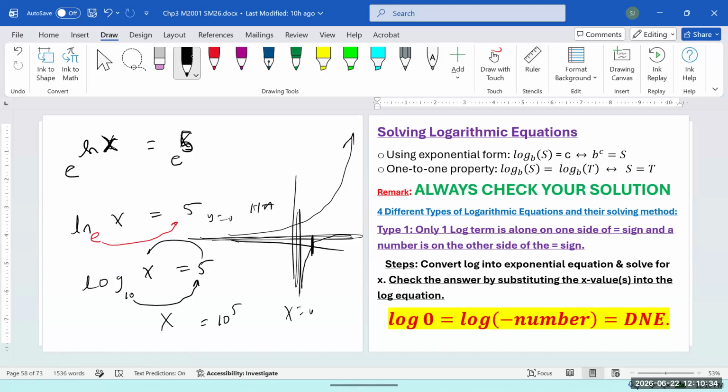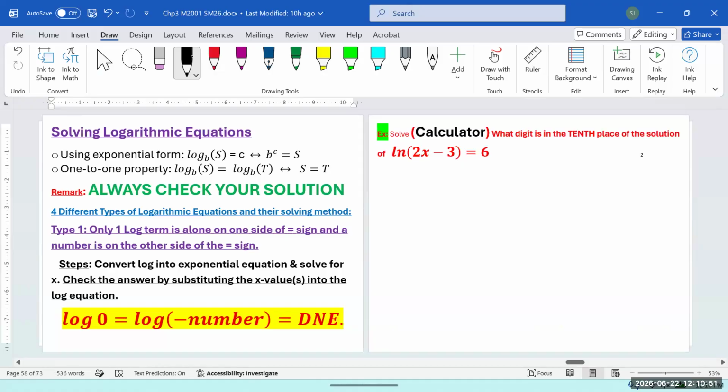Okay, so now type 1. We have 4 different logarithmic types. For exponential, we have 5. For log, we have only 4. The first one is only one log on one term and a number on the other side. For example, something like this. We have one log term on one side and a number on the other side.